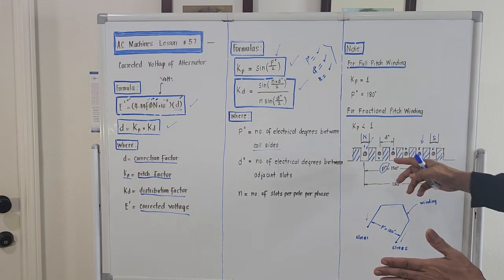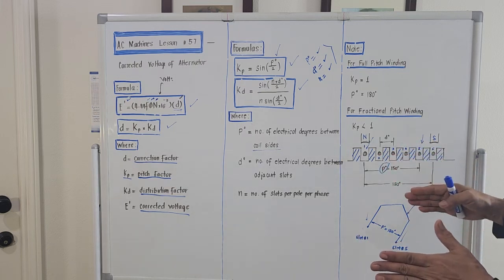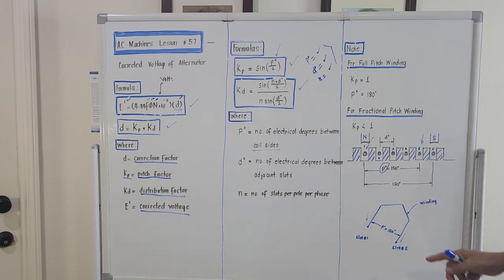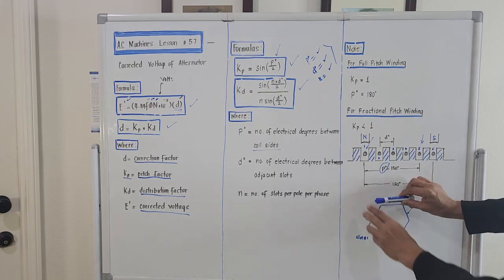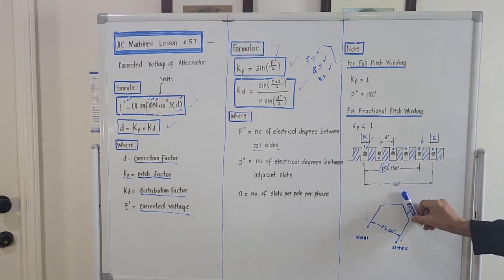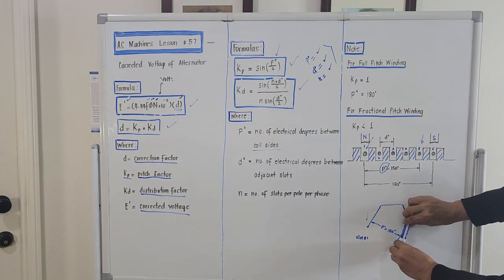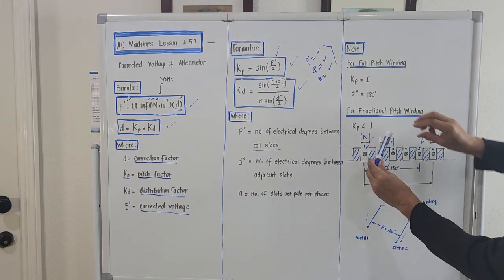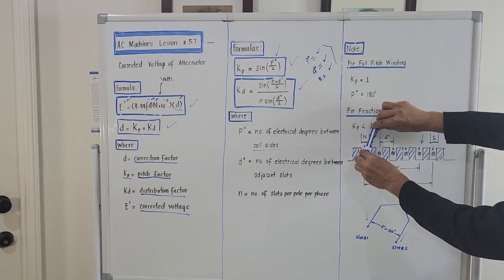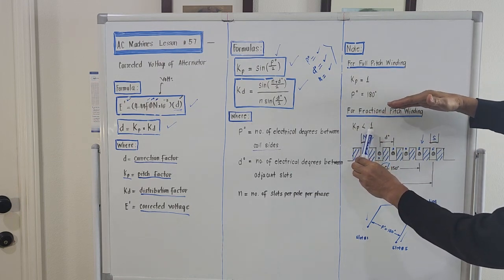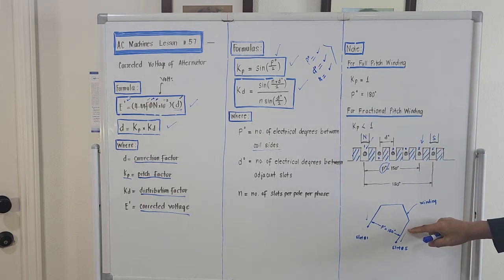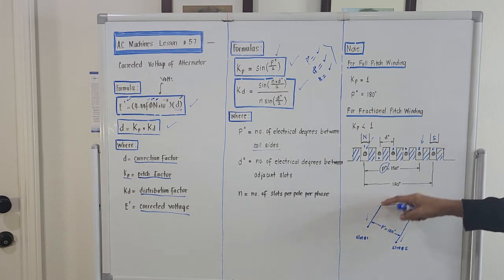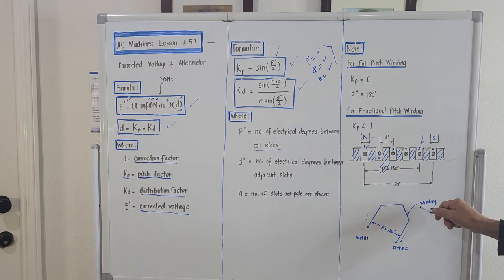If you imagine a conductor inserted in the slots, it is something like this. This is slot number 1. It goes to the back, then enters slot number 5. There's a connection at the back, then it enters slot number 5. That's one coil. So this is the winding.